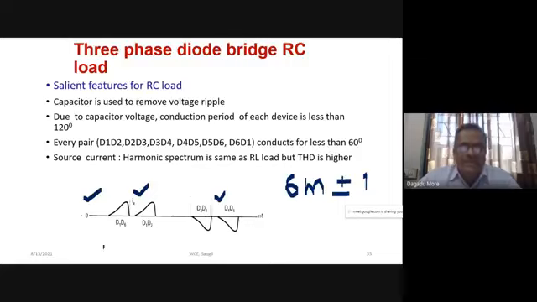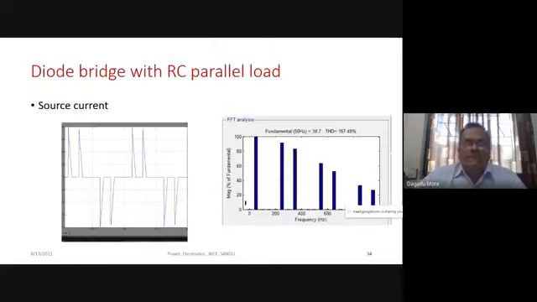So the AC drive will take this type of current from the supply, because at the front end it has a three-phase diode bridge, then a filter capacitor, and because of that, our three-phase variable frequency induction motor drive will take this nature of current, whereas we have seen that our harmonic spectrum is 6M plus minus 1. But the THD will be higher.